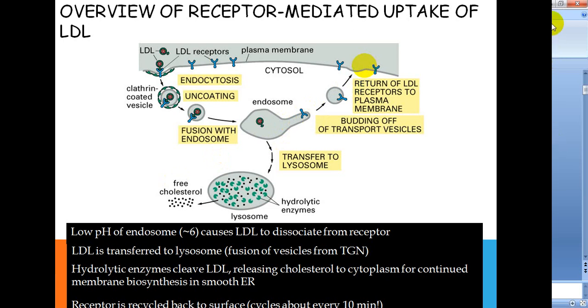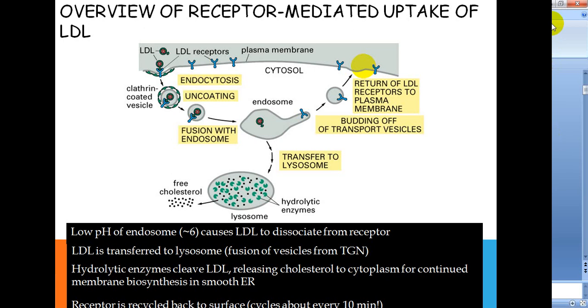So the low pH of the endosome causes LDL to dissociate from the receptor, and the LDL is transferred to the lysosome after fusion of the vesicle from the trans-Golgi network.